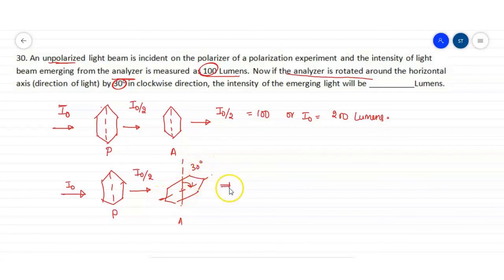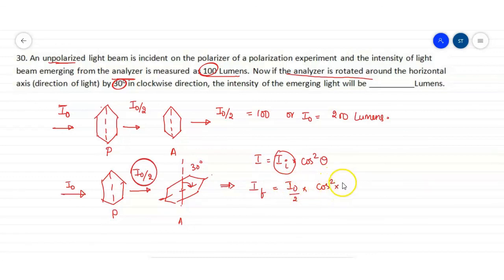So according to Malus's law, the intensity will be equal to initial intensity into cos square theta. So the final intensity will be equal to initial intensity, meaning the intensity of the light falling on the analyzer, which is I naught by 2, into cos square theta.